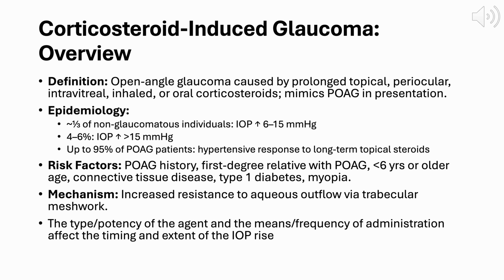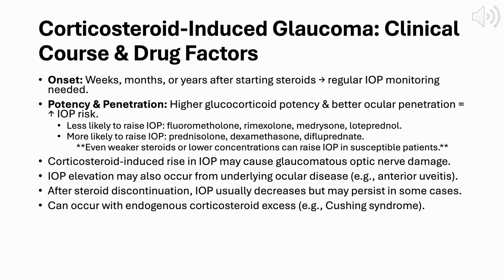Mechanistically, this is due to increased resistance to aqueous outflow at the trabecular meshwork. The degree of IOP rise depends on both the potency of the steroid and the frequency or route of administration. Some patients can develop significant pressure elevation relatively quickly, while others may only show a delayed response.